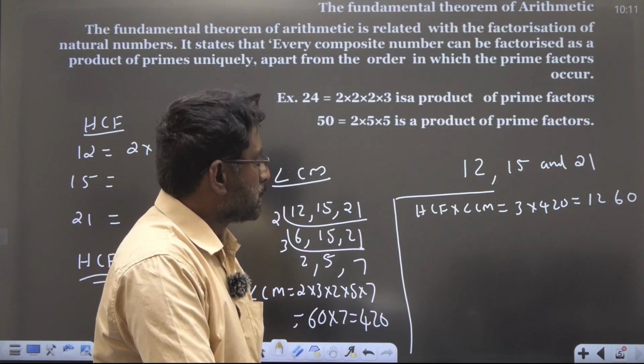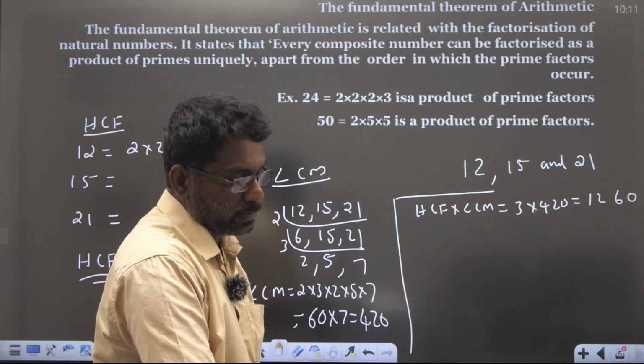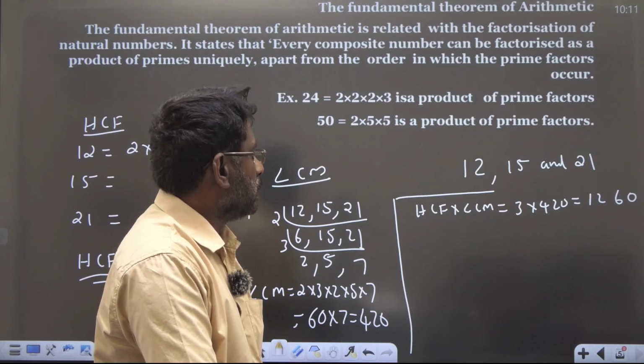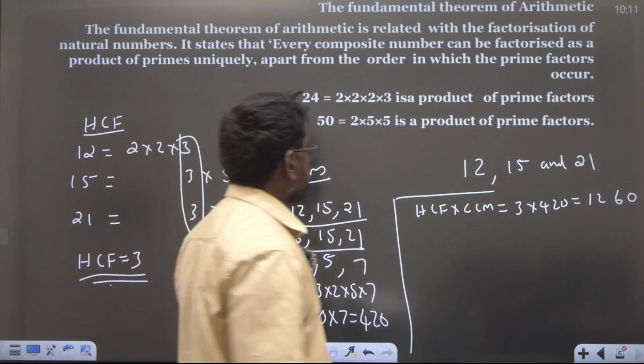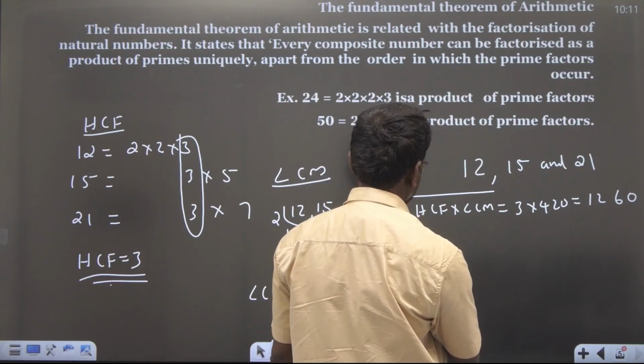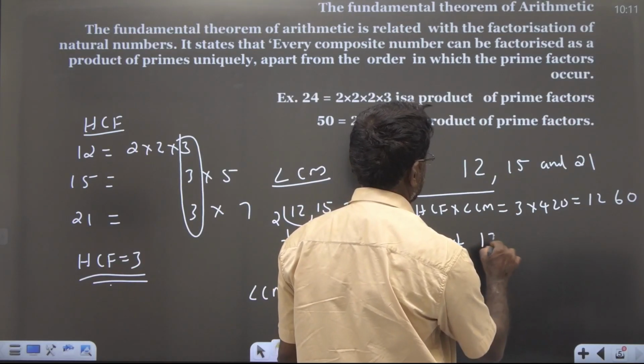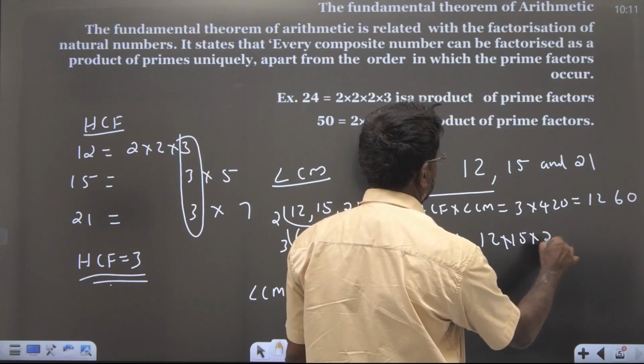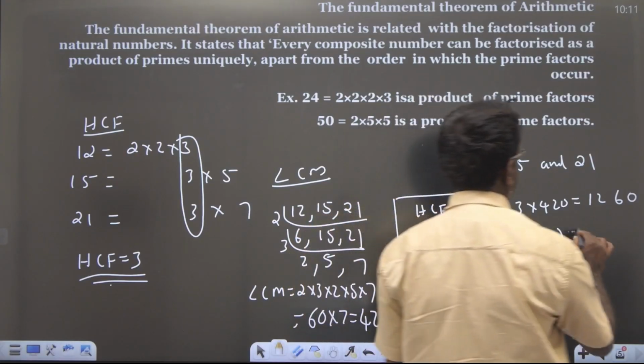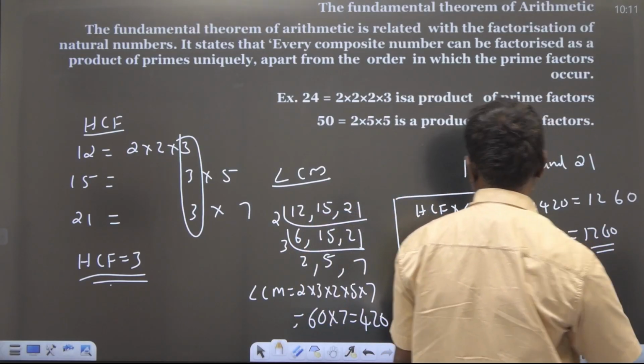This is LCM into HCF, and the product of the numbers 12 into 15 into 21 is again 1260.